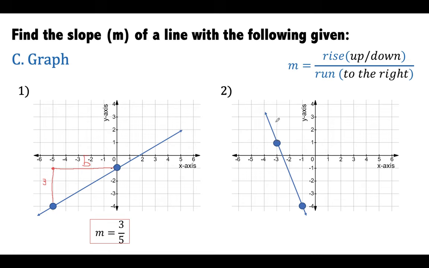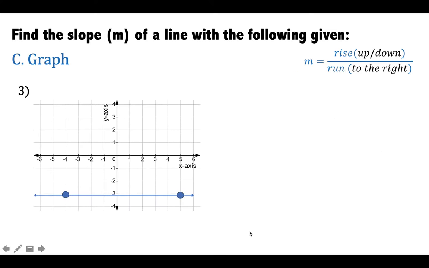We cannot go up, we have to go down. So this is negative. Let's count 1, 2, 3, 4, 5. We go down 5 units. Then from here, we move forward to the right, 1, 2. So we got 2 units. Therefore, our slope is negative 5/2.